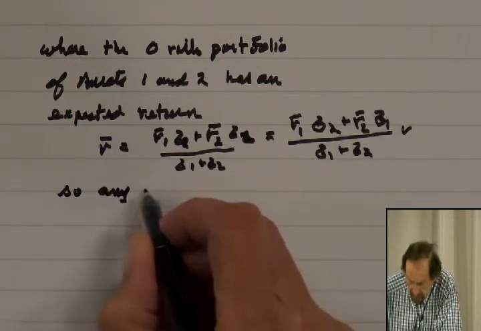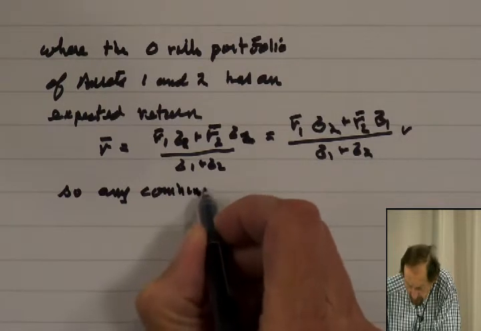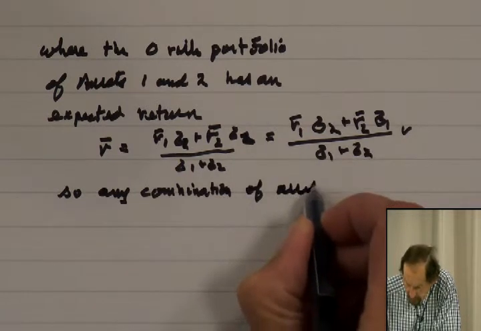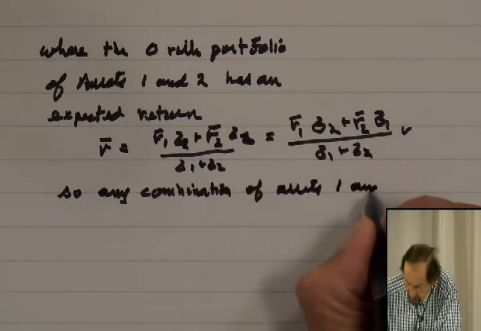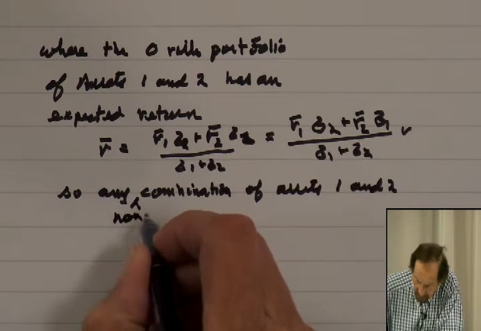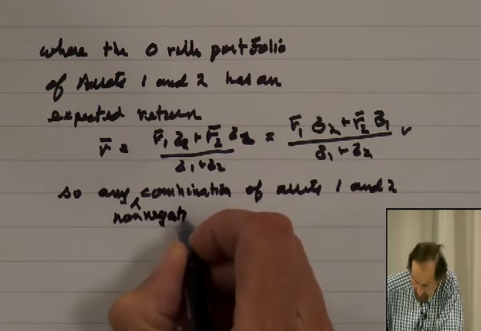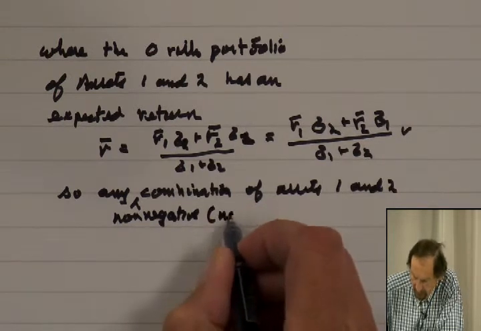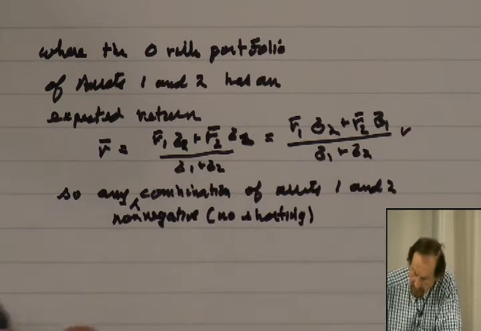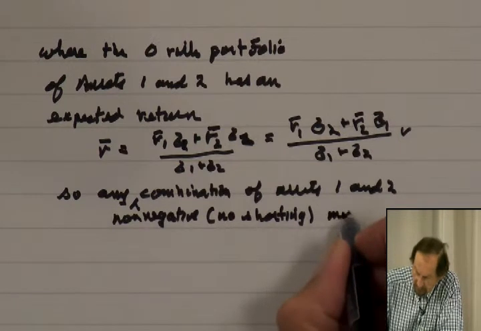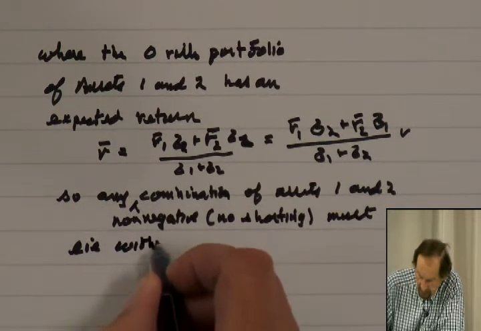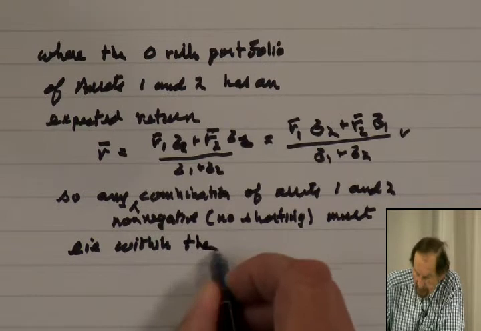Okay, so any combination of assets 1 and 2, we should say any non-negative combination, so no shorting, of those two assets must lie within the triangle.